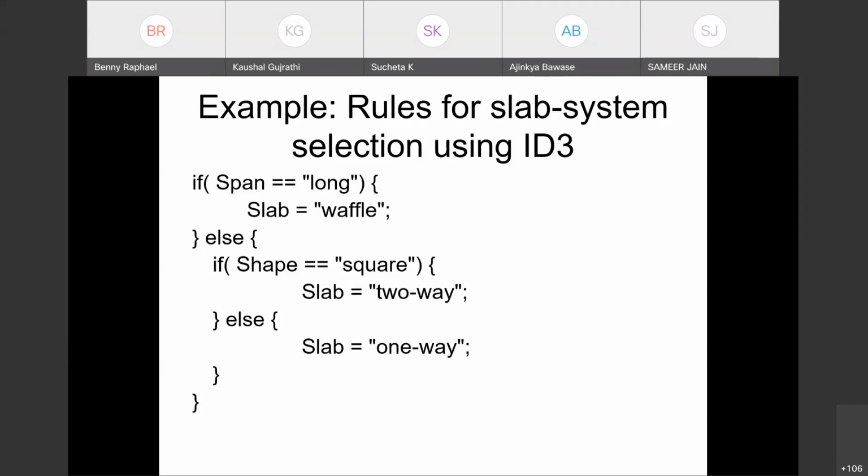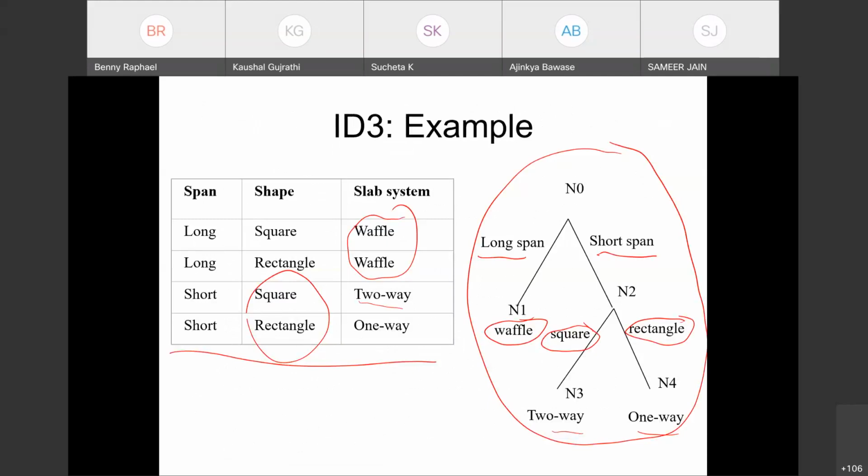We saw in rule-based expert systems that we form rules. So here we can convert whatever the ID3 algorithm has come up with into a set of rules. So we can say if span equals long, the slab is waffle, else shape equals, and so on. You can convert it into a different form. This is another way to represent it, but traditionally we represent it as a tree structure like this. That's why it's called a decision tree.